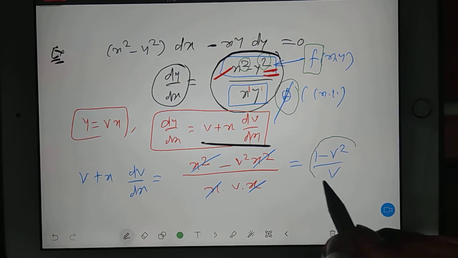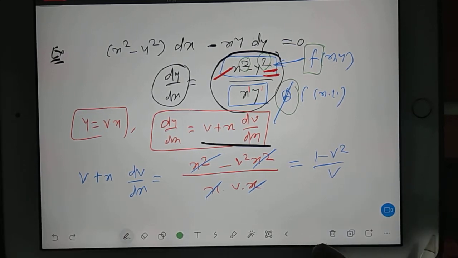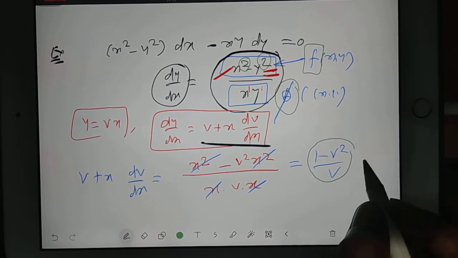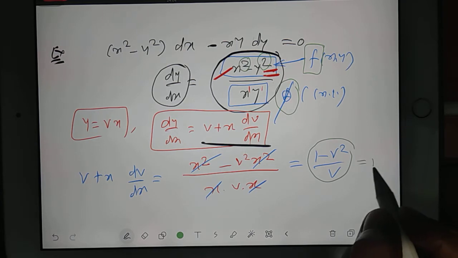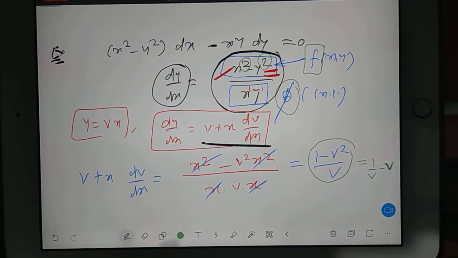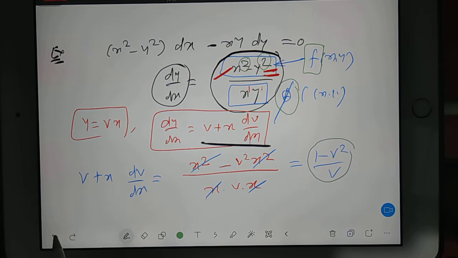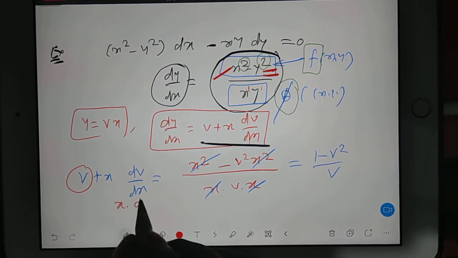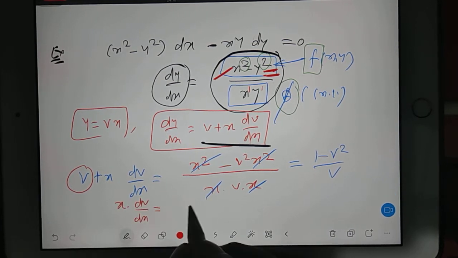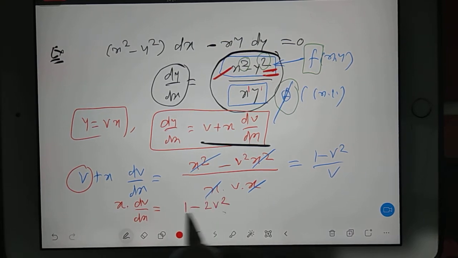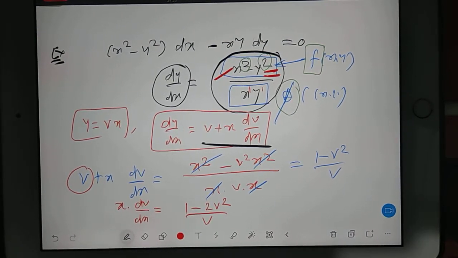Now you can see almost filtered now, right? So this I can simplify as 1 by v minus v. No, it's better you take this v that side. So that will make x dv by dx is equal to 1 minus 2v square by v, because I will take the LCM part.